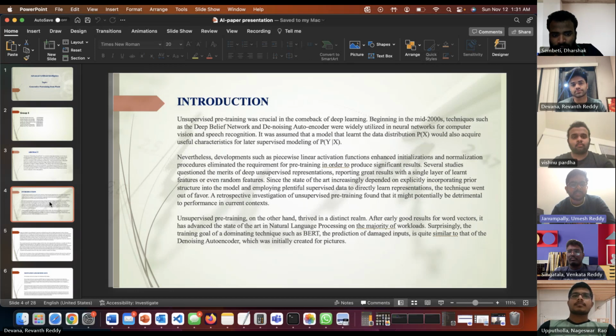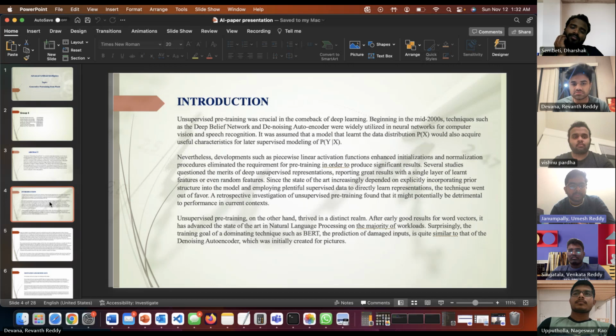Several studies questioned the merits of deep unsupervised representations, reporting great results with a single layer of learned features. And as the state of the art increasingly depended on explicitly incorporating structure, a retrospective investigation of unsupervised pre-training found that it might potentially be outperformed in the current context.